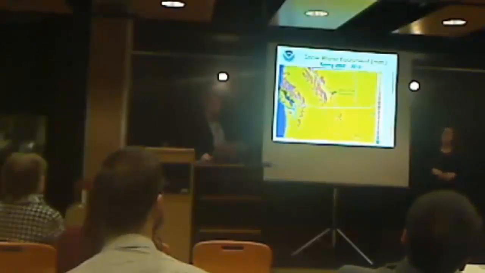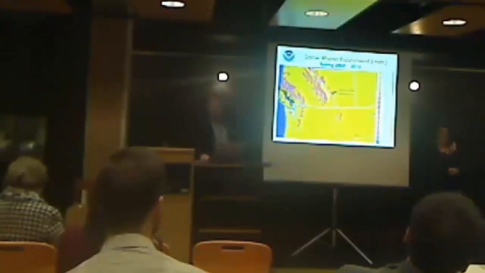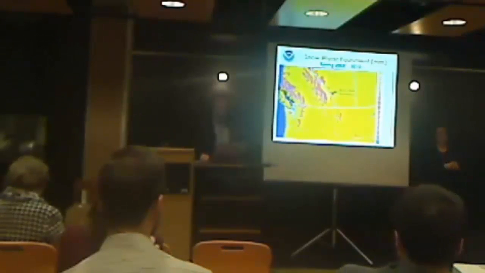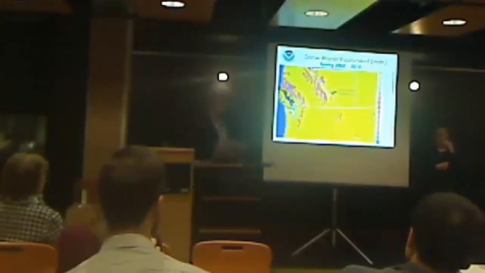This was a project we did for the city of Calgary. It's in relation to the 2013 floods that occurred in Calgary, which wiped out a lot of communities within that particular watershed, the Elbow River watershed. We had a nice historical data set provided by NOAA of snow water equivalent data.